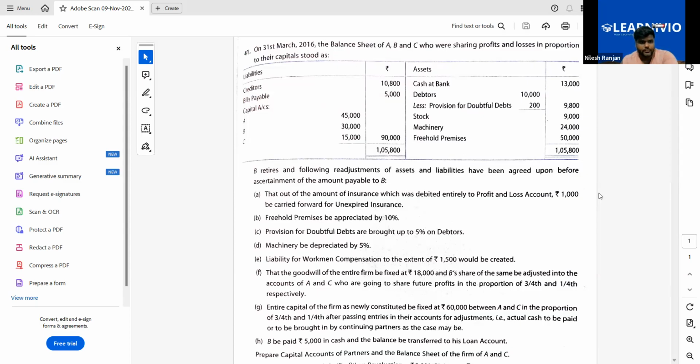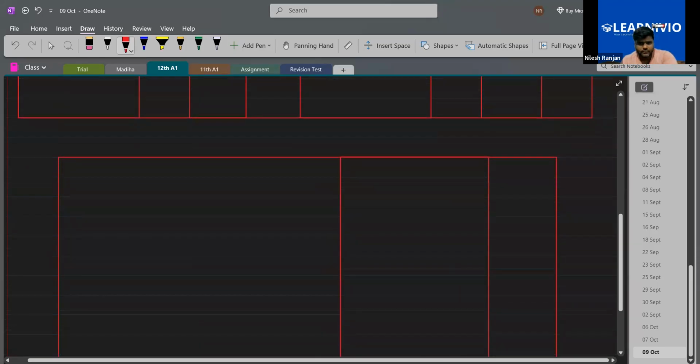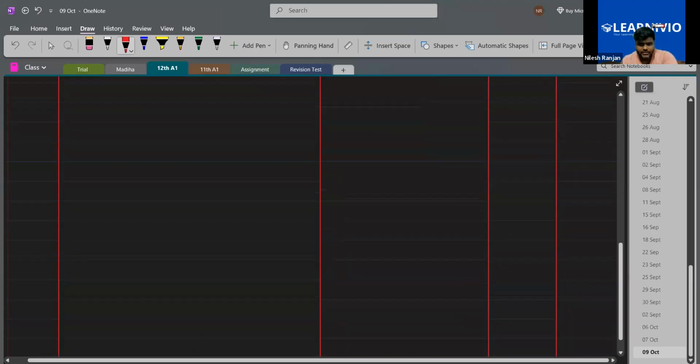This is the format of partner's capital, and here is... Sir, I can't see your screen. I can see the question right now, just the question. Yeah, no issue. Maybe it is loading. When you see this, tell me.